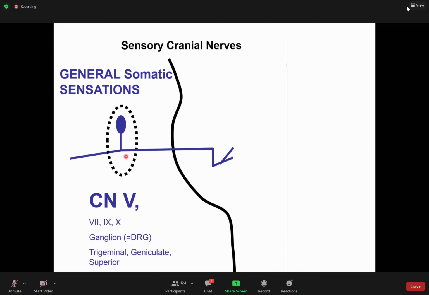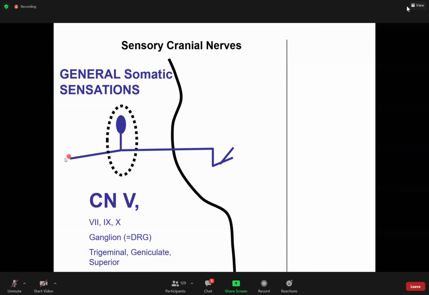It is also sometimes called the Gasserian ganglion. So if you hear the word Gasserian ganglion or trigeminal ganglion, these are the same. It is present in the middle cranial fossa, this ganglion, which is outside the central nervous system.